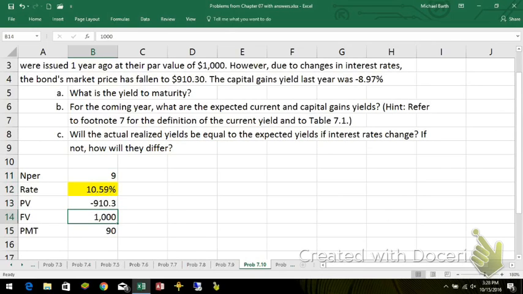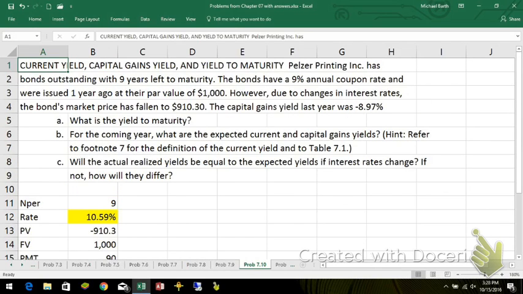And then you will have earned the 9% rate that you originally anticipated. But people trade bonds back and forth, and they pay attention to current yield, which is the cash flow gain, and the capital gains yield, the price change.